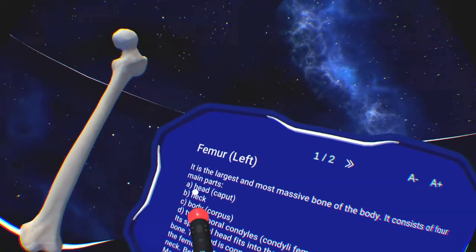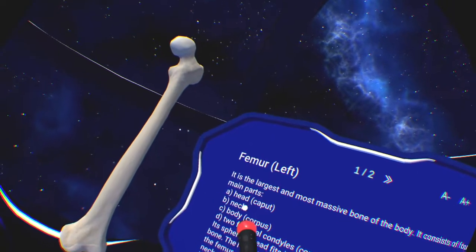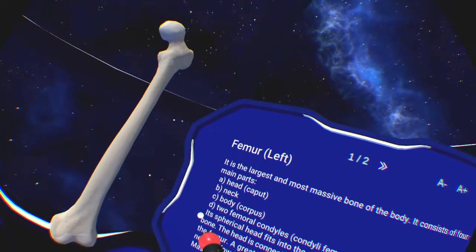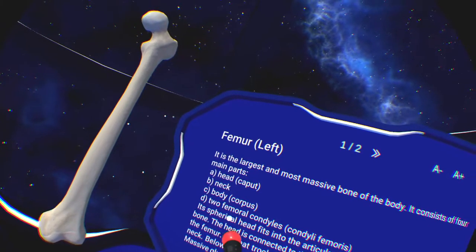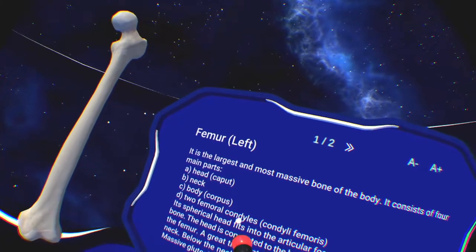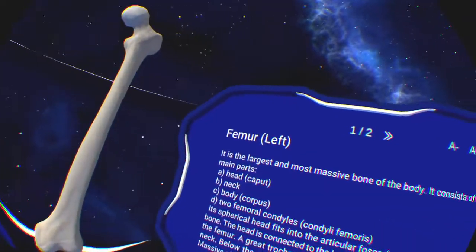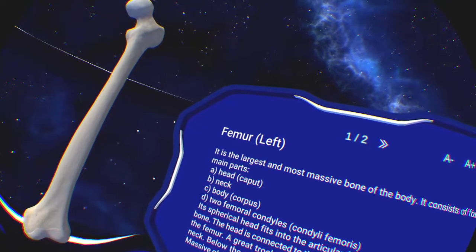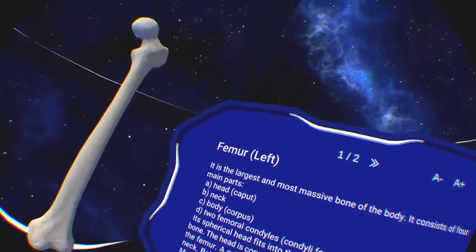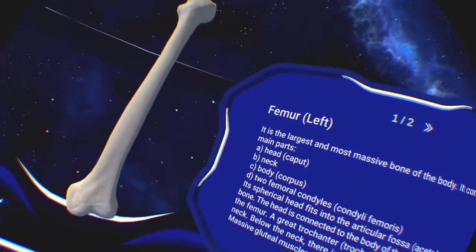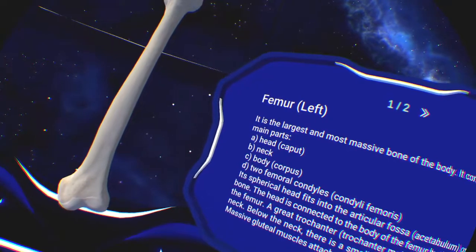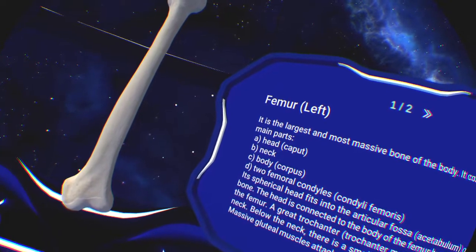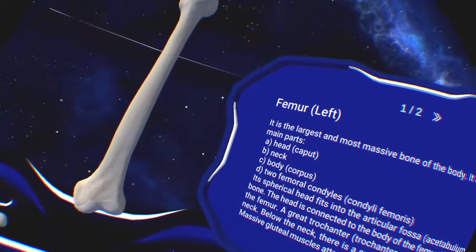It consists of four main parts: the head, neck, body, and two femoral condyles. Up there it said the corpus, which is Latin for body.